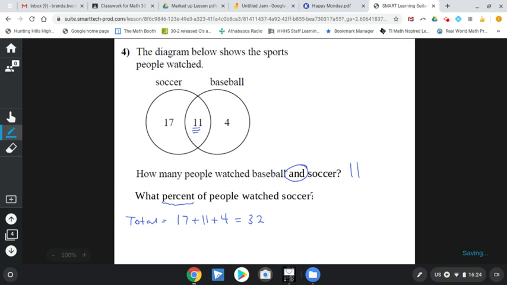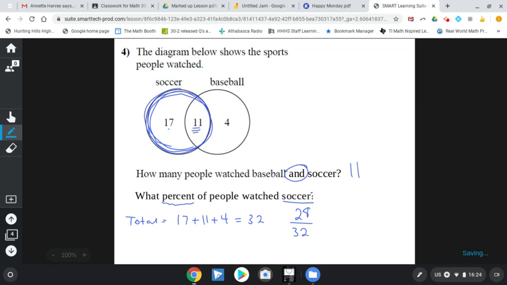And if we're looking at soccer, let's add up the number of people who watch soccer, because it's not 17. Everybody in this circle watched soccer. So we have to do 17 plus 11. There's 28 people who like to watch soccer, 28 out of 32.